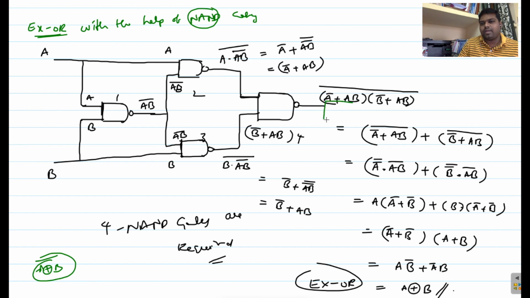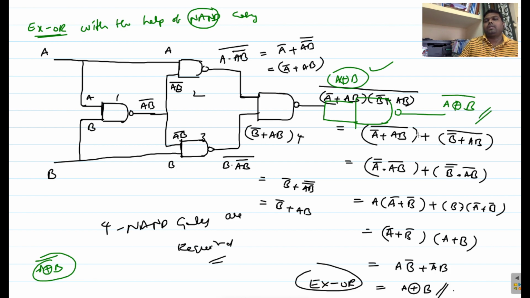A XOR B is applied to this NAND gate. With two same inputs, the outcome becomes the invert of this input, so that you will get A XOR B whole bar, right? So the final outcome is like this.